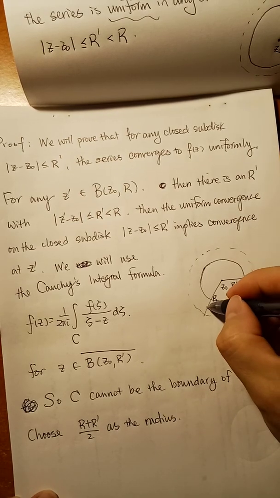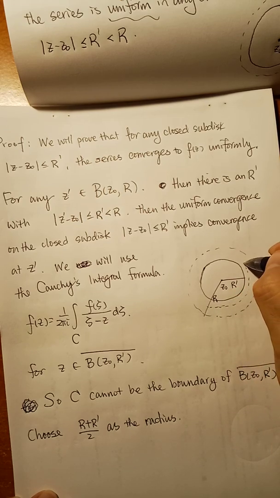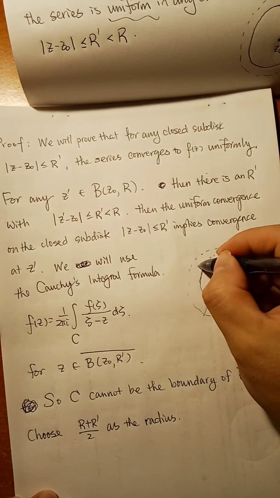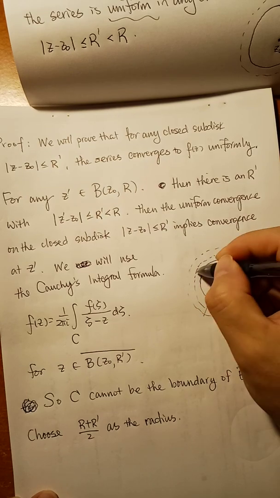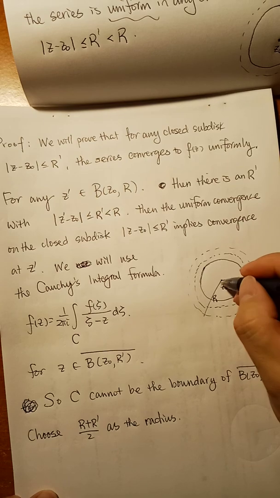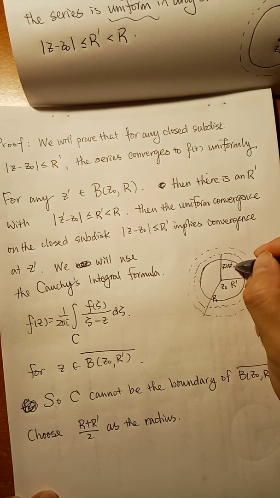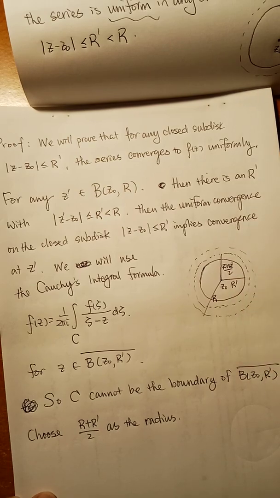Okay, so we get the circle exactly between those two circles. So this is (r plus r prime) over 2. The radius is this.